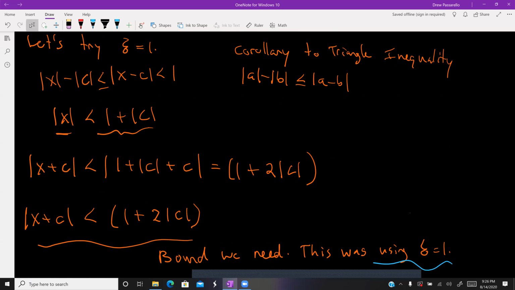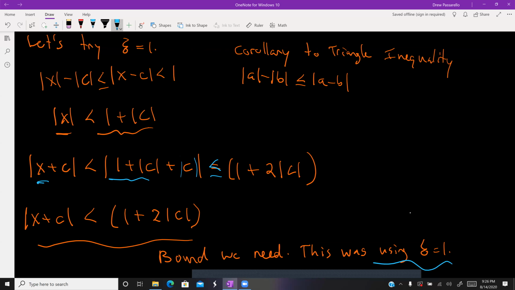So then we could say the absolute value of x plus c is less than or equal to the absolute value of x plus the absolute value of c. And so, technically, that's less than 1 plus the absolute value of c, plus the absolute value of c, so we have 2 times the absolute value of c.